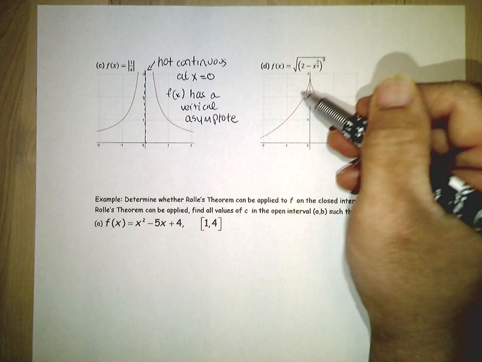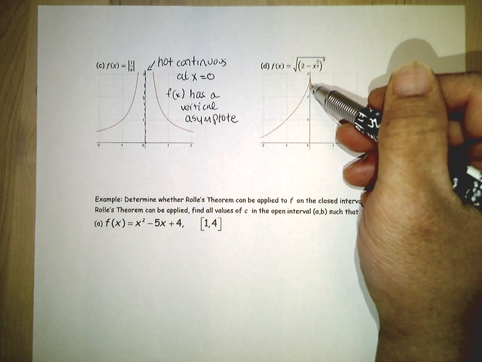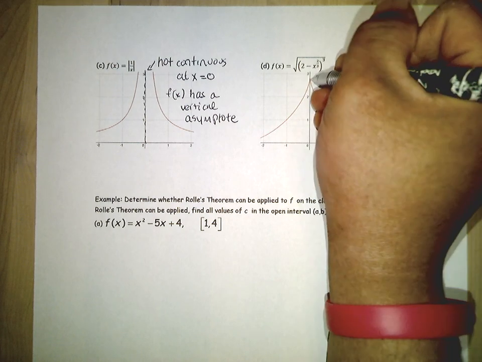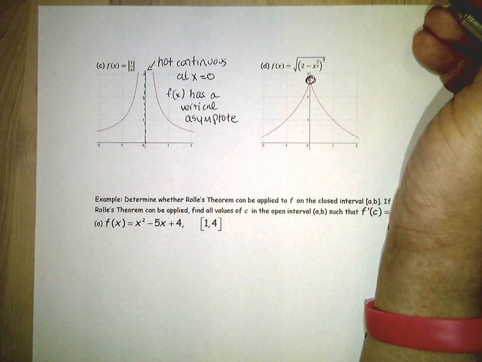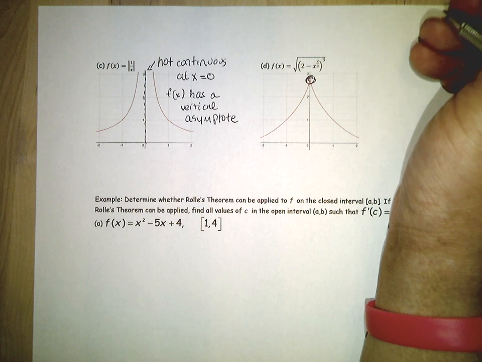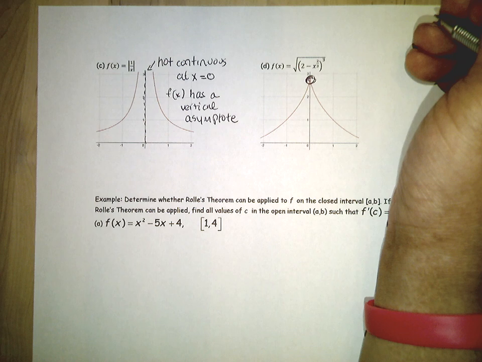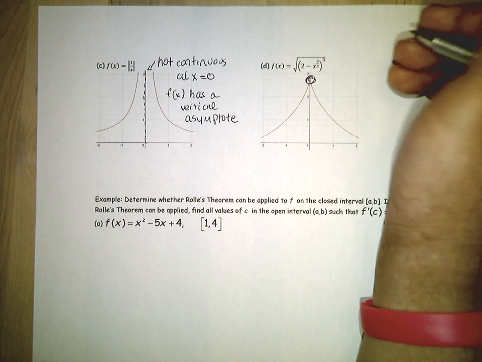And here's a function you don't see every day, but here is another function where there is a vertical tangent line at x equals 0.